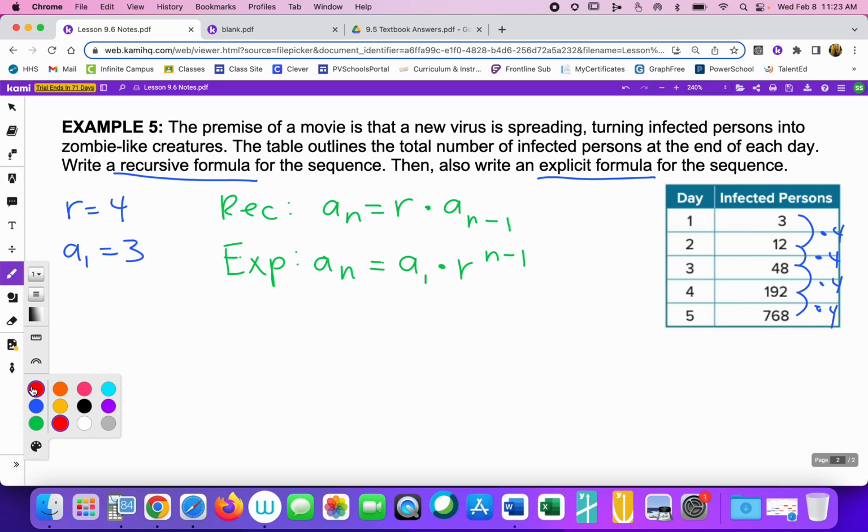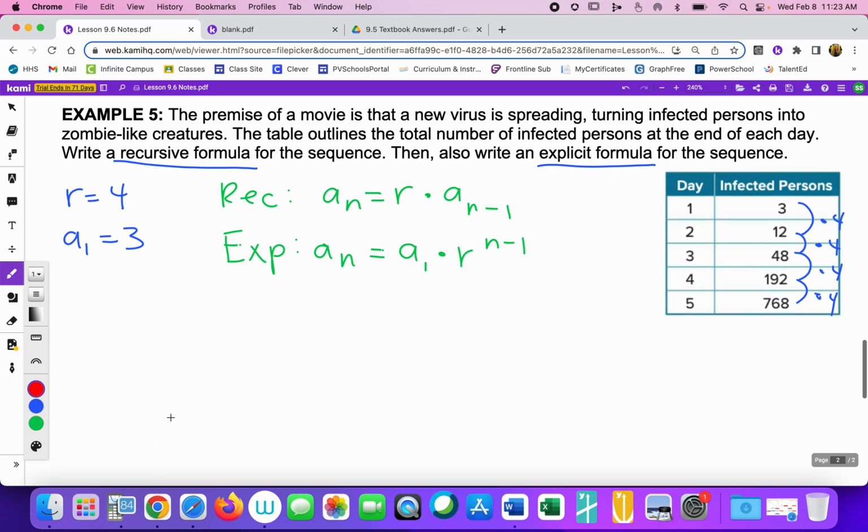This is to find anything no matter what, because you put the first term in the formula. And that might be a little confusing, but that's the difference between the two. So this is any term. This one you have to know the previous term. So it's not as simple. So you can't just find the 100th term on the recursive. You would have to know the 99th, the 98th, the 97th, and so on.